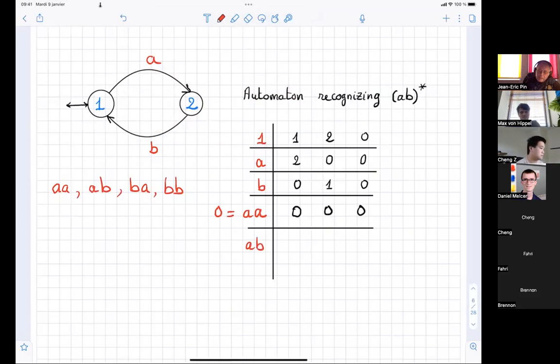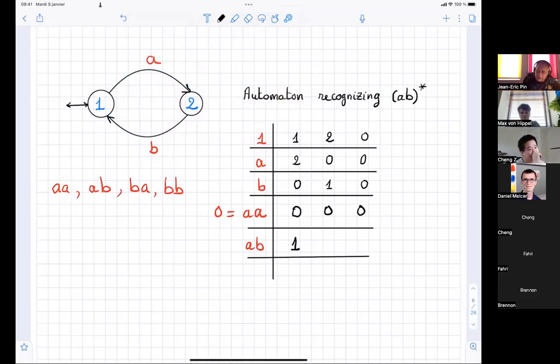AB is interesting. What does AB do? You start from 1 and you read AB. I read A, then B, and I arrive in 1. So I write 1 to 1.